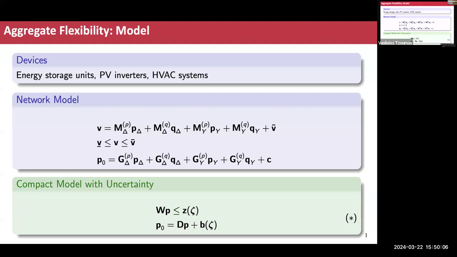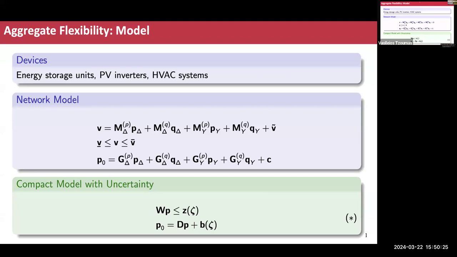This first set of inequality constraints captures the flexibility of each device constrained by their individual characteristics, as well as the network constraints. The voltage constraint is captured here, and their device models are incorporated in this constraint.